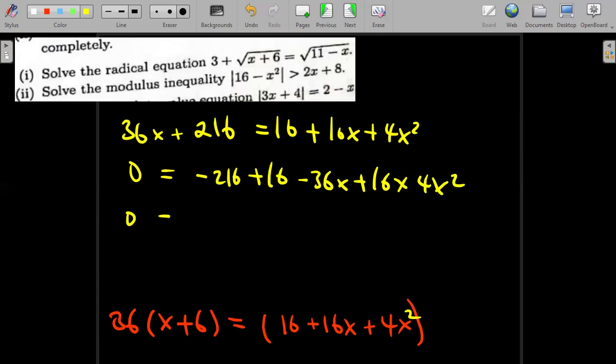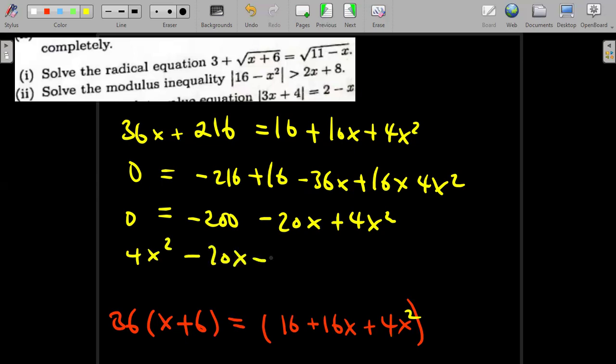This gives us 0 equal to negative 200, then negative 20x plus 4x squared. This can be rewritten as 4x squared minus 20x minus 200 is equal to 0. Then, from here, you're going to work out this quadratic equation.